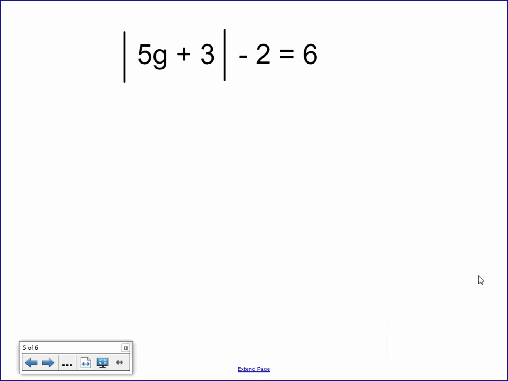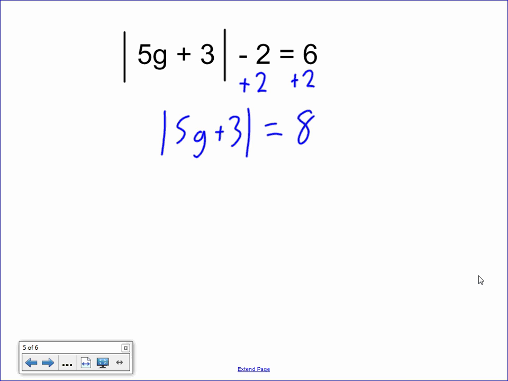So when you are doing this problem, you really want to get the absolute value equals one thing. So we need to first, before we do our positive negatives, we need to get rid of this minus 2. Okay. And then we get the absolute value of 5g plus 3 equals 8.